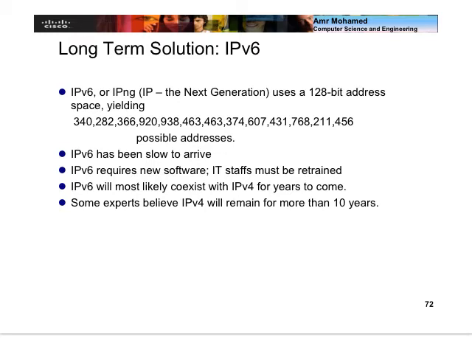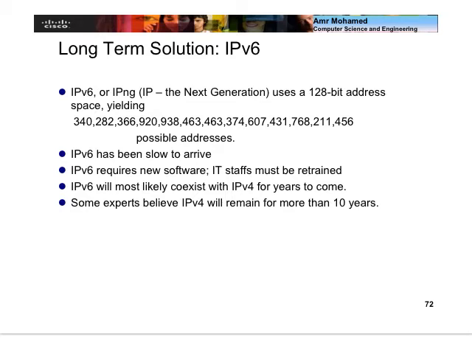Some people have tried to work around this by saying, okay, we have CIDR, so we can work around this shortage. CIDR kept IP version 4 surviving for some years. But then we still had some shortage, even after using CIDR.